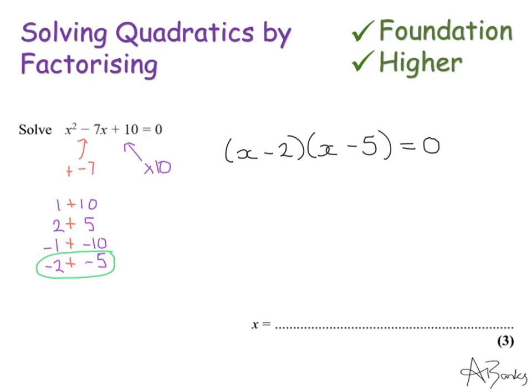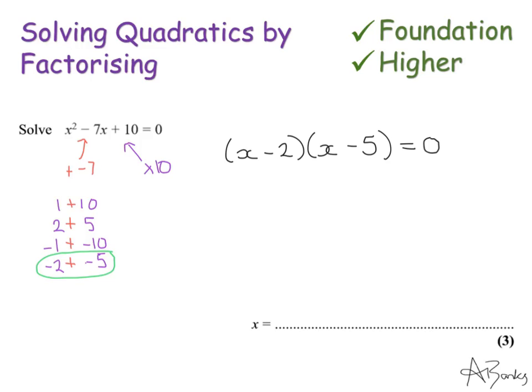So when we write double brackets together like this, what I'm actually saying is that everything in this bracket is being multiplied by everything in this one. So I've essentially got two things, this bracket and this bracket, that multiply to make 0. So if you think of two numbers and I multiply them together and I get 0, well, one of my numbers must be 0.